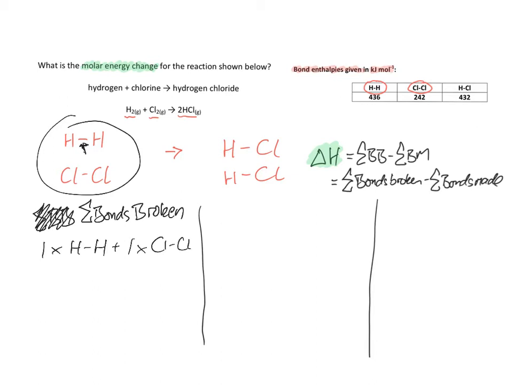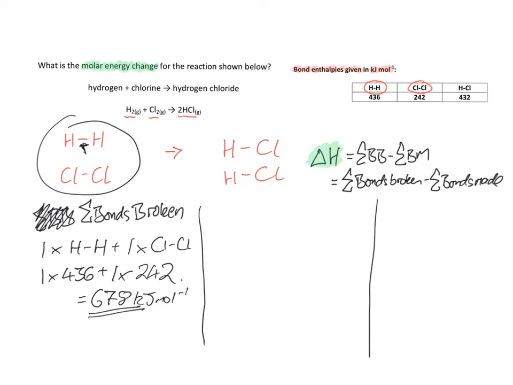Okay, what are those values worth? One lot of 436 and one lot of 242, which equals 678. Now I really should put my units in all the time, so this is kilojoules per mole.